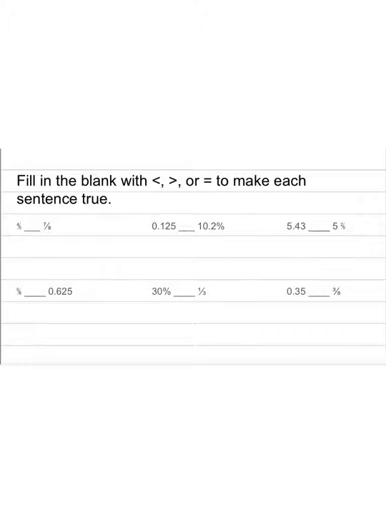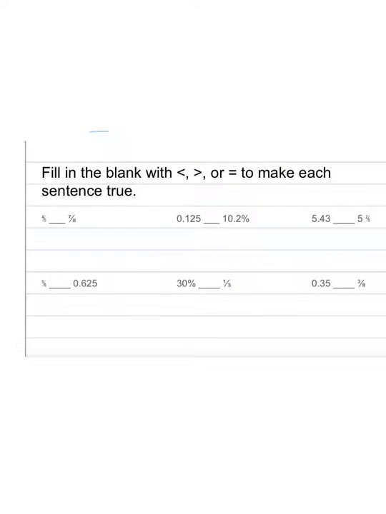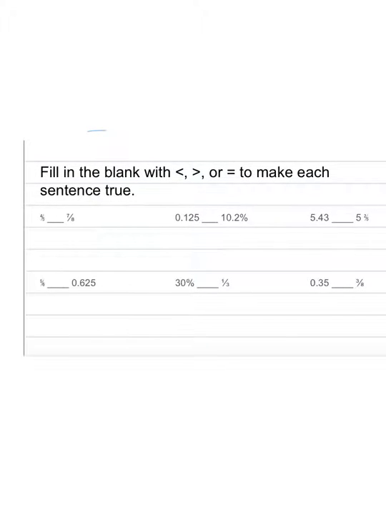All right, fill in the blank with less than, greater than, or equals to make each sentence true. So if we have 4/5 and 7/8, we need to get it to the same denominator in order for us to determine which is less than or greater than.